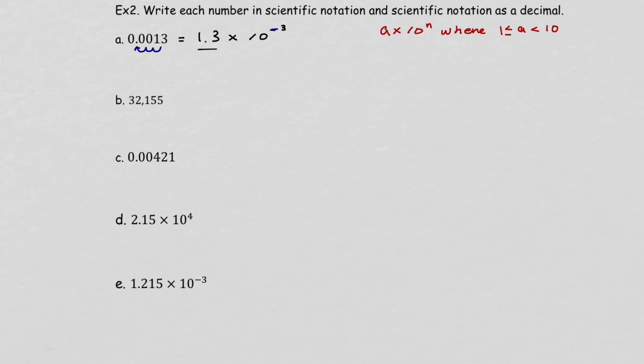The reason we're using 1.3 is because if we decide to use 0.13, that's smaller than 1, right? That's against the scientific notation statement's range, so we cannot use that.